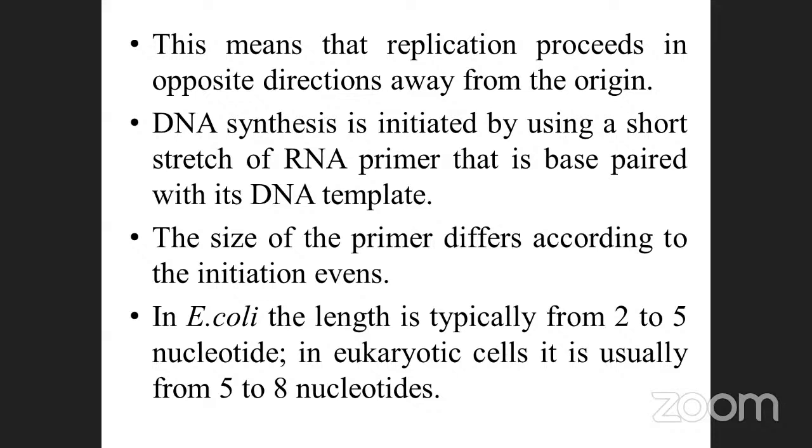The size of the primer differs according to the initiation events. Sometimes the RNA primer contains 2 to 5 nucleotides, sometimes 5 to 8 nucleotides, and sometimes it may be more than 8 nucleotides. The RNA primer also has a specific codon. When you study PCR, the initiator codon is also added. That is called the RNA primer.